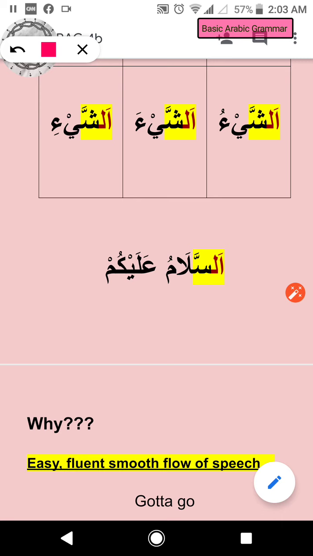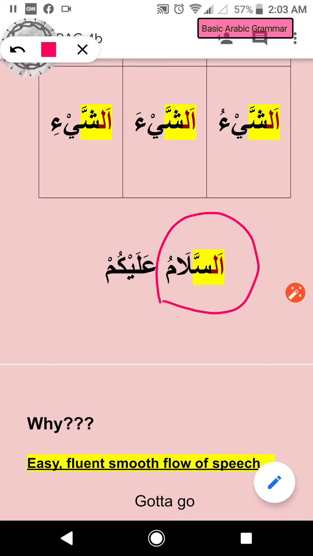So we have Assalamu alaikum and not Al Salamu alaikum, because even if you try to say it that way, it doesn't sound too easy. This lam sound in the middle gives a bit of a barrier to it. I tried it a couple of times to say Al Salamu, and it just didn't feel too good. I'd rather say Assalamu alaikum.